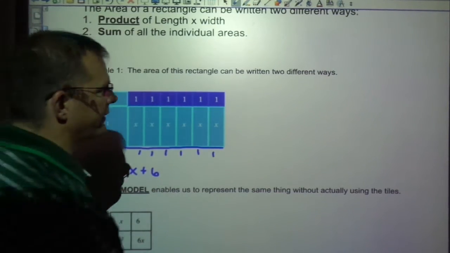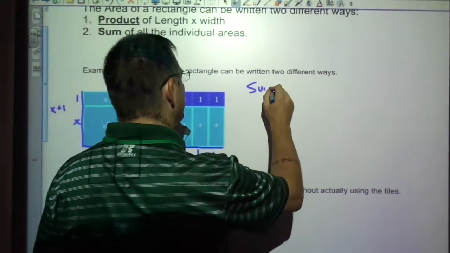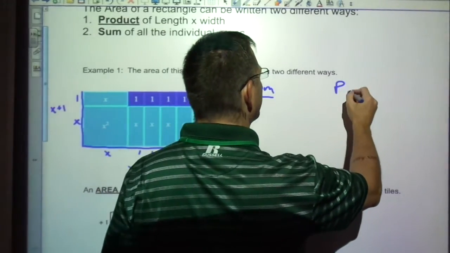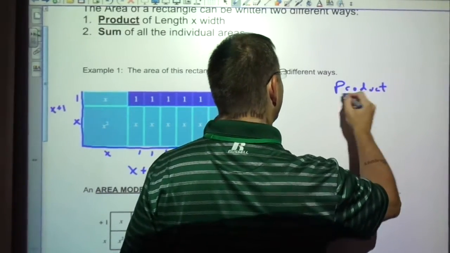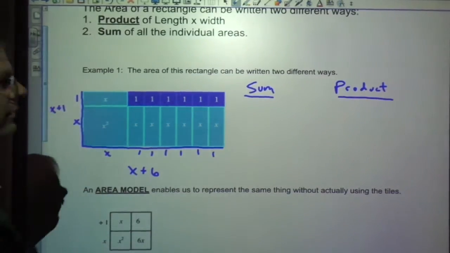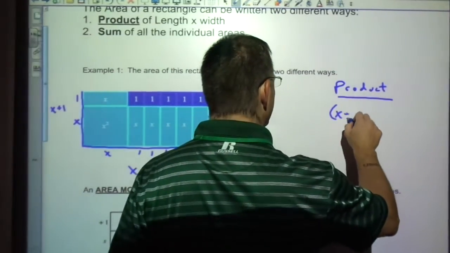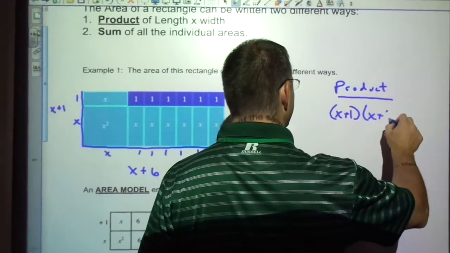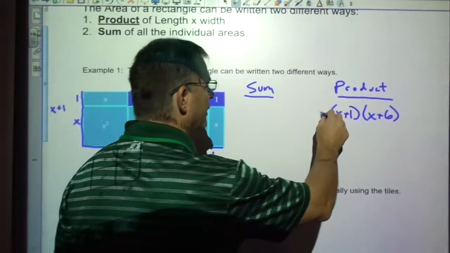So if I wanted to write this as a sum this way, and as a product this way. As a product, we know if we take length times width, x plus 1 times x plus 6, that would give us the area.